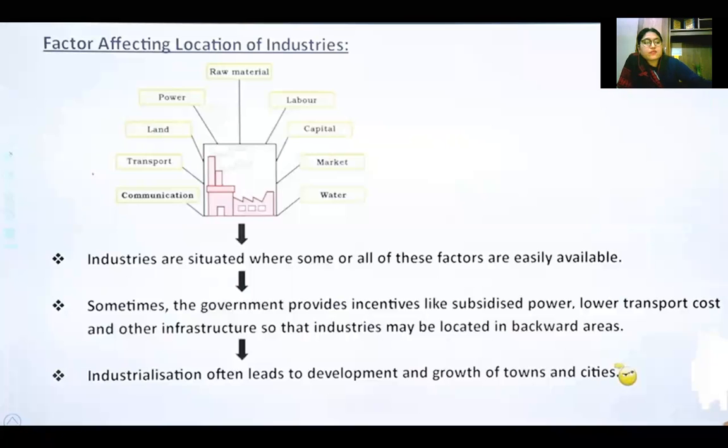So this is how industries come to backward areas also. Otherwise, you also know that no one wants to go to the backward areas and set up industries there. So that's why the government is helping the industries.